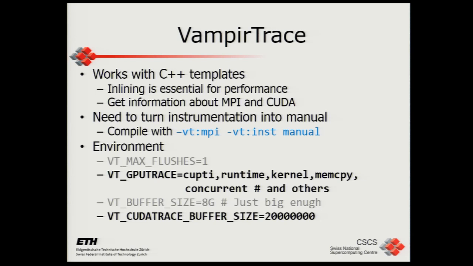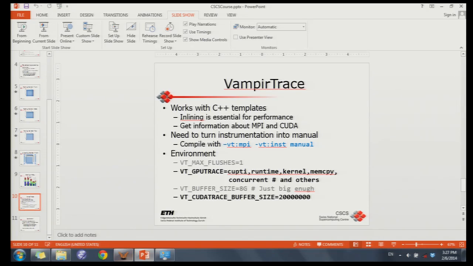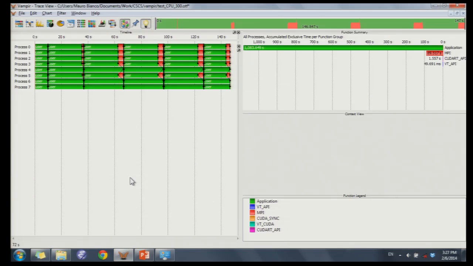So let's see some real demo example with Vampir. When you run the CPU version, the one that doesn't use the GPU, what you see is that we are running a benchmark with 300 by 300 by 300 with 5 elements of halo all around, and we have 8 MPI tasks.